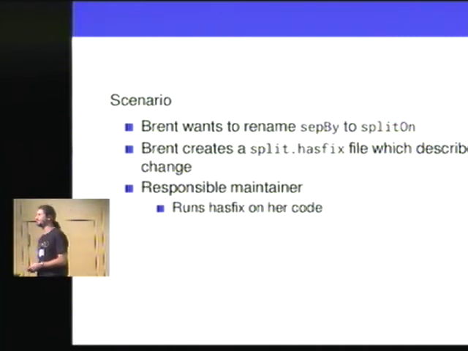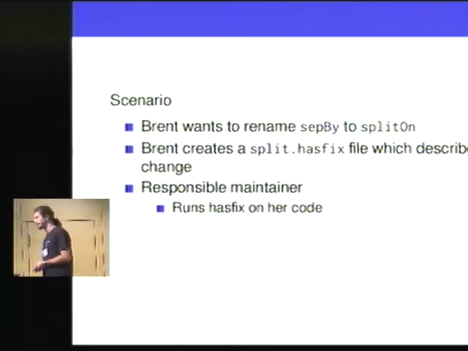She downloads this file, which has the description of the changes, and runs the hsfix tool with it, which automatically fixes the code and replaces all occurrences of splitBy with splitOn. Of course, it accounts for name binding scope. So, for example, if there's another package which exports splitBy, it won't be replaced.